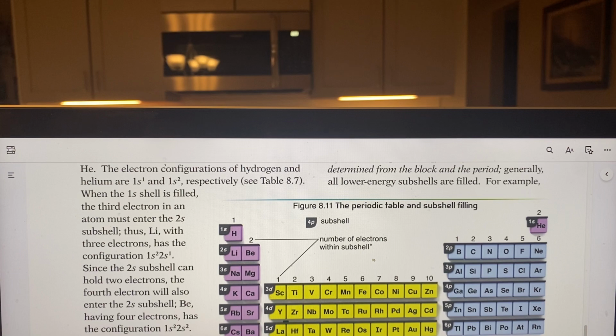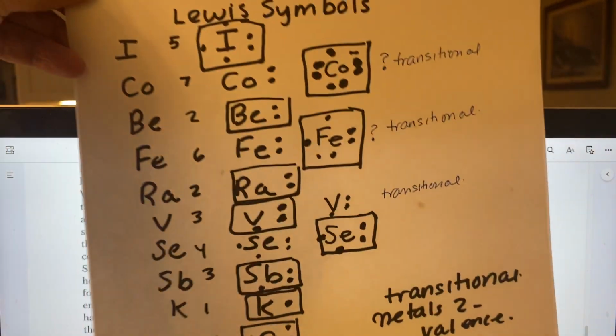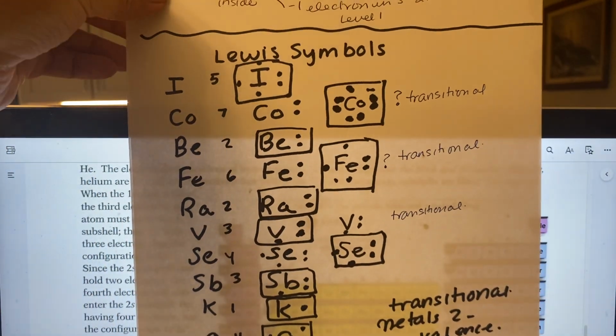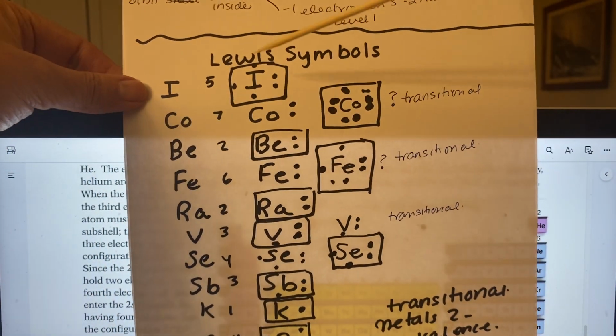This table here. And so we have 5, let's see, where is iodide? Right here. Here's iodide right here. It's in number 5, right? So it has 5 valence electrons, right? Really would be 5 and 2 because they have two in the S, but here we have 5.